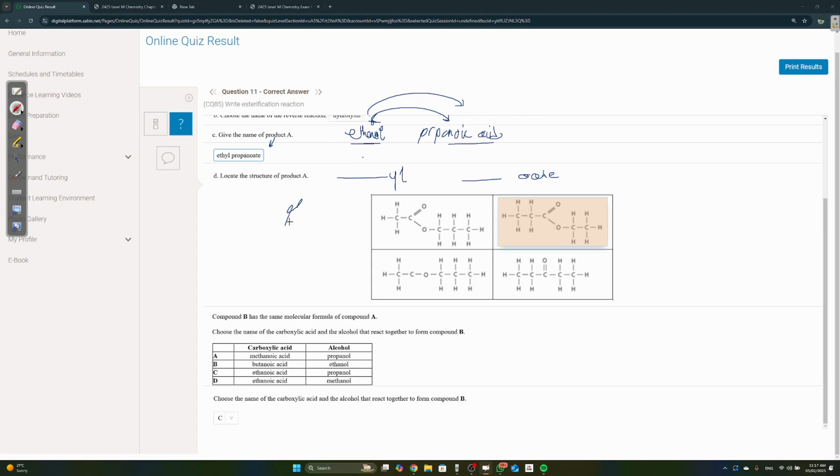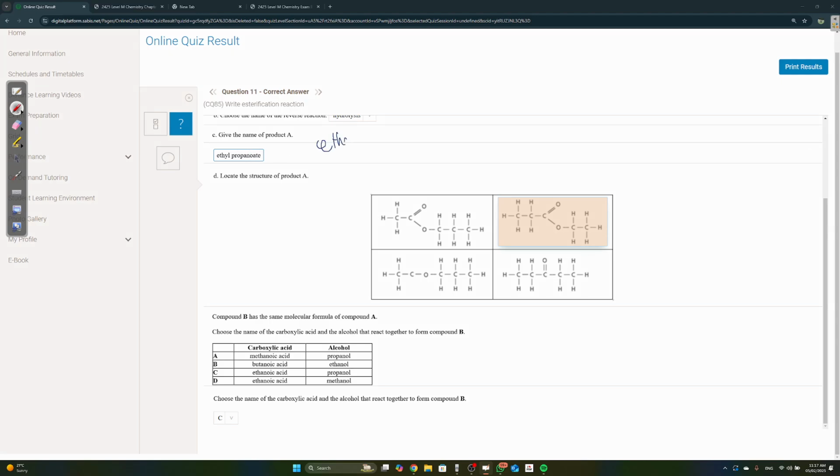So let's say now I used propanol and ethanoic acid. What am I going to get here? I'm going to get propyl, and here ethanoate. So if you see a question like this, all you have to do is just swap it.